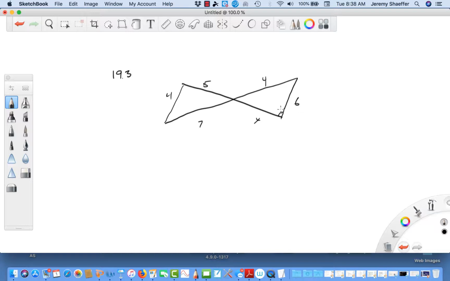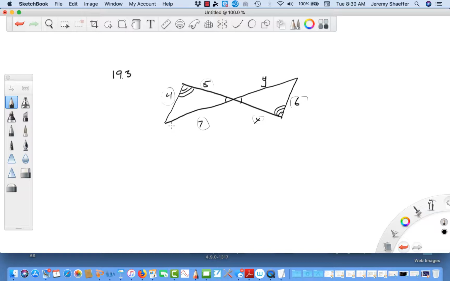And you'll notice there are 3 tick marks or angle marks with these 2 angles, and then these 2 are the same. Okay, so what do we know equals each other? Okay, 5 and x are the same line. We know that 4 and 6 are the same, so 7 and y have to be the same.